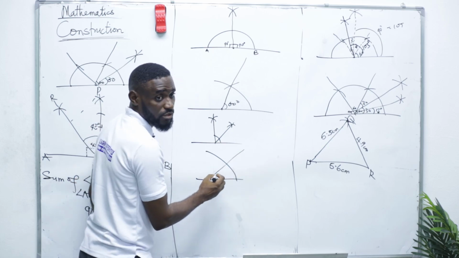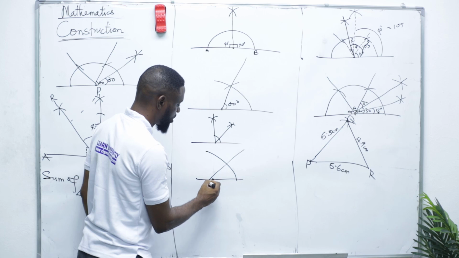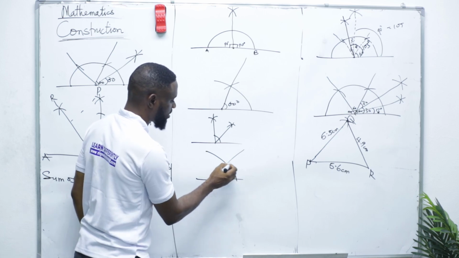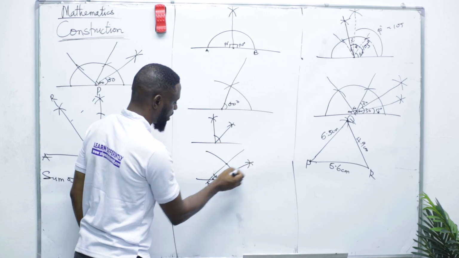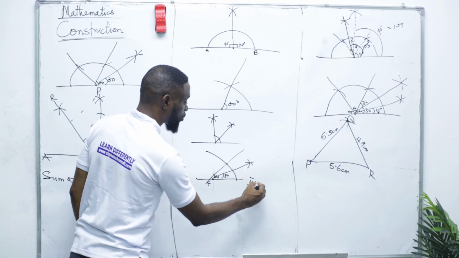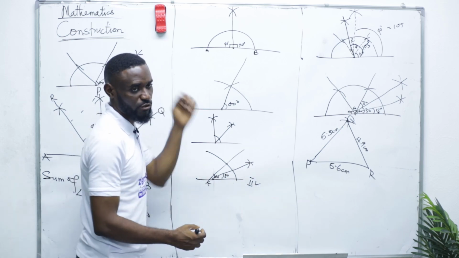So if this is point A and here is 60, to find 30, just make an arc here, an arc here. So this is 30 degrees. So II is correct. Let's see if III is also correct.